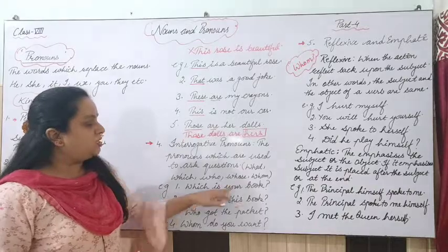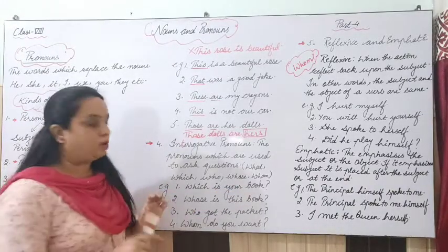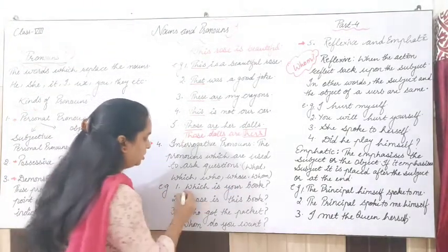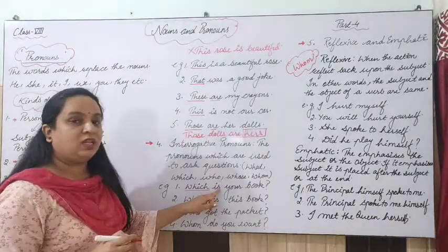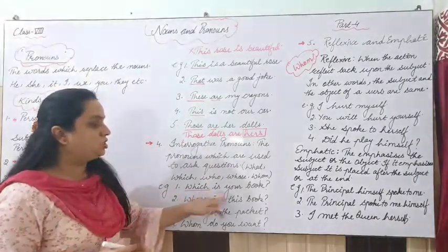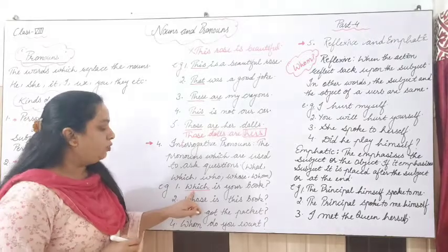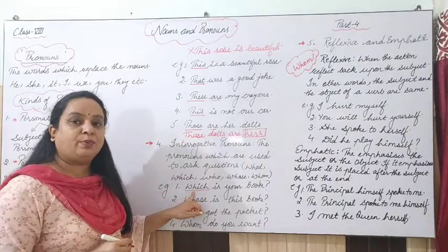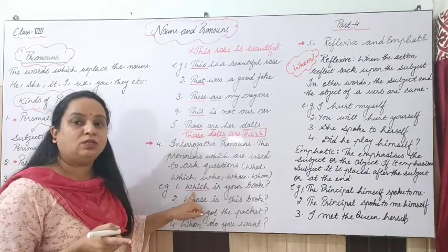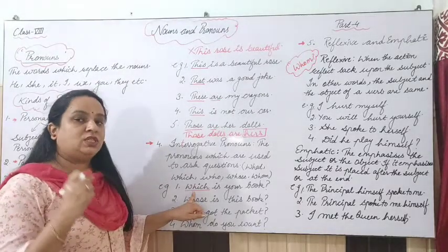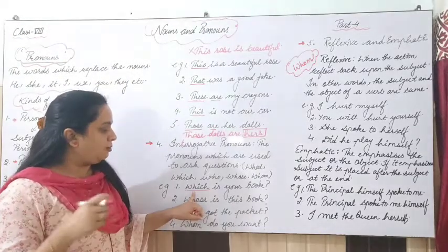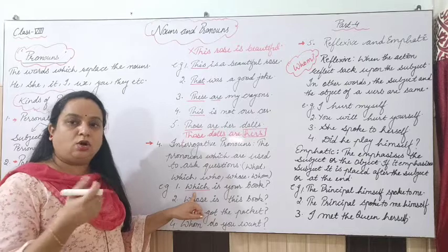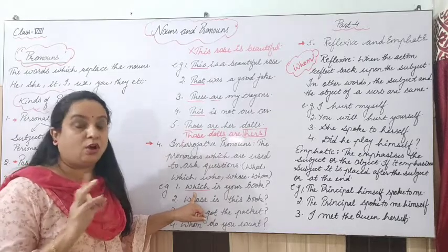The sentence is: which is your book. Now this word which does not have a noun after it, right? So which is your book. So here which is working as a pronoun, and which kind of pronoun is this? Interrogative. But you will say, ma'am, you told us that your is also a pronoun, but your is not a pronoun.